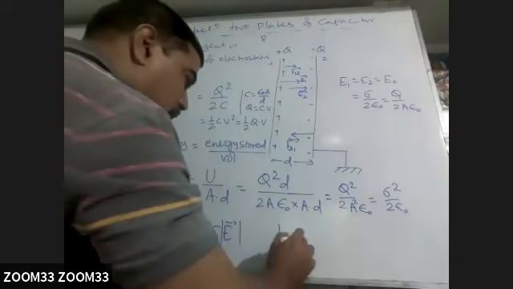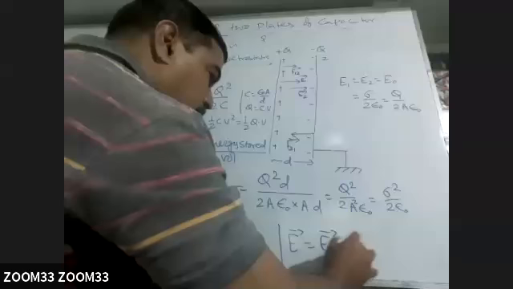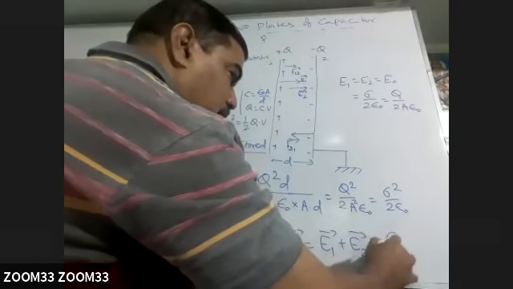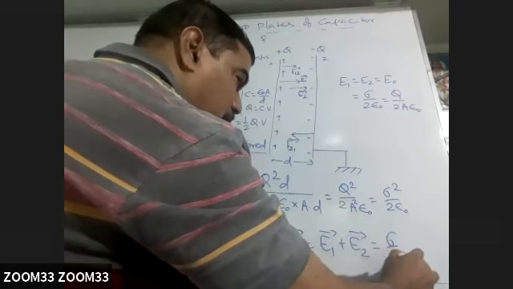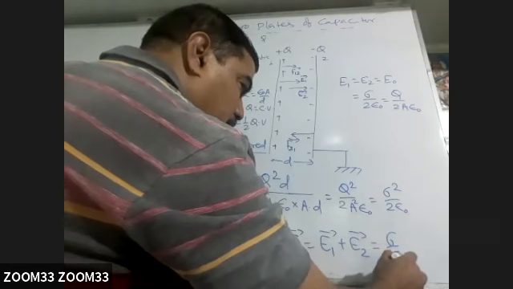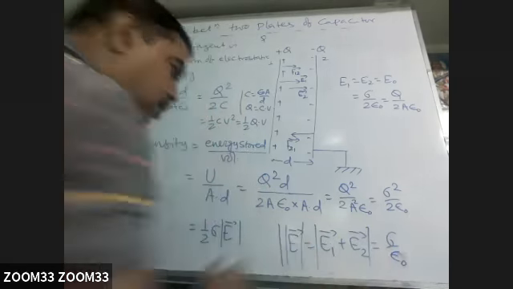This E is E1 plus E2, the net field, which is sigma over epsilon naught. Only the magnitude we are interested in.